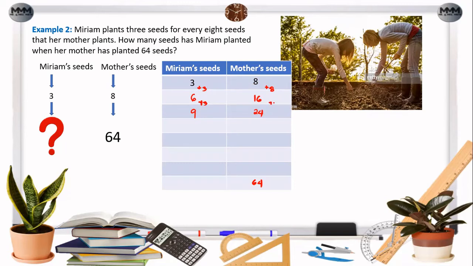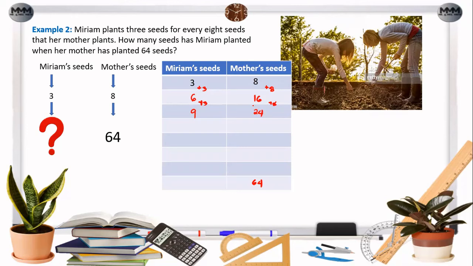And then we just add 8 to 16 to get 24. So hence, we have observed the pattern. Now let's proceed to our fourth step, that is make a conjecture or prediction.